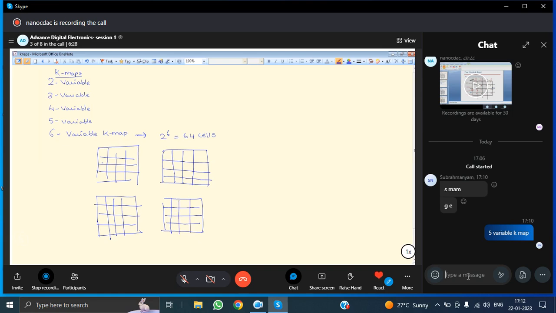I am not drawing it deeply, mentioning each and every term, so I'll give you the material. Here we have A, and here we have C, D, E, F. Here also we have C, D, E, F.